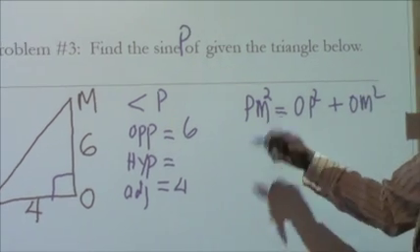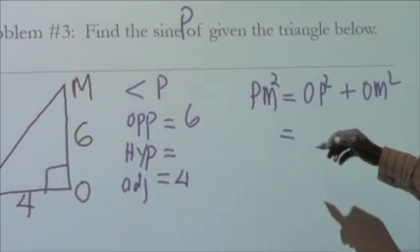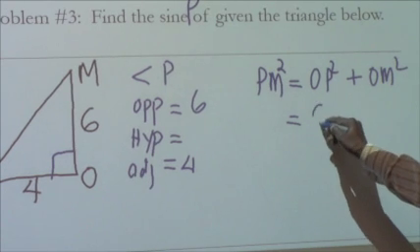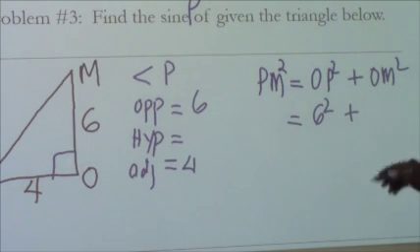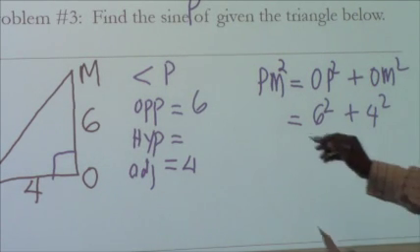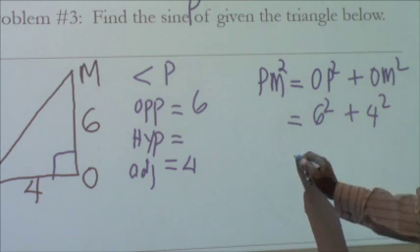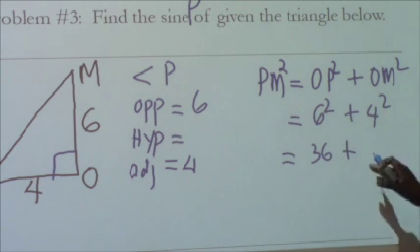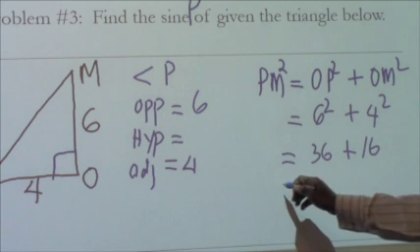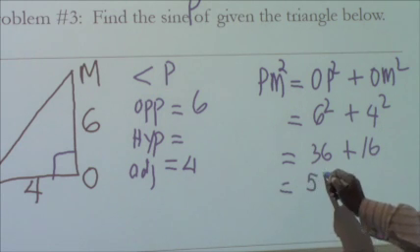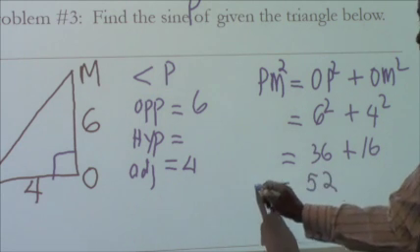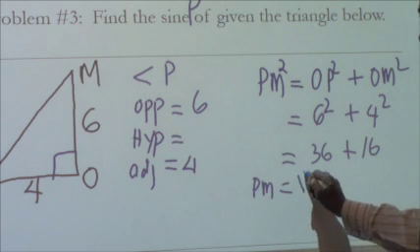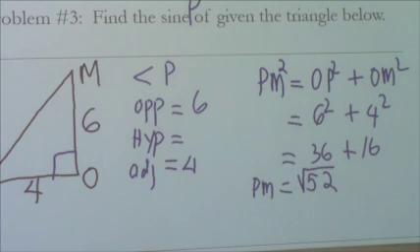What is OP? 6. So 6 squared plus OM, which is 4 squared. 6 squared is 36 plus 4 squared is 16, and it's going to give me 52. So to find PM, I must take the square root of this. So PM is equal to the square root of 52.